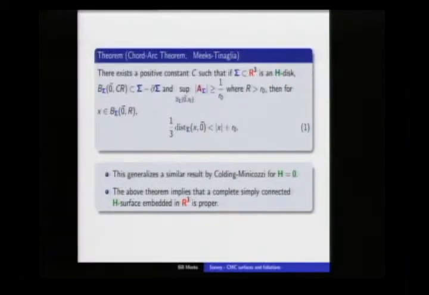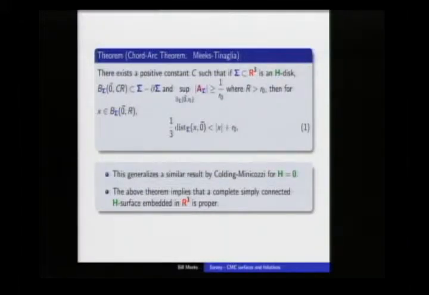Like if you had constant mean curvature 1, then you're going to have this at every point. So suppose you had constant mean curvature 1, then the norm of the second fundamental form is like square root of 2 or something. So we'd be in good shape. R naught could be 1, for example. If it's minimal, you have some issues.